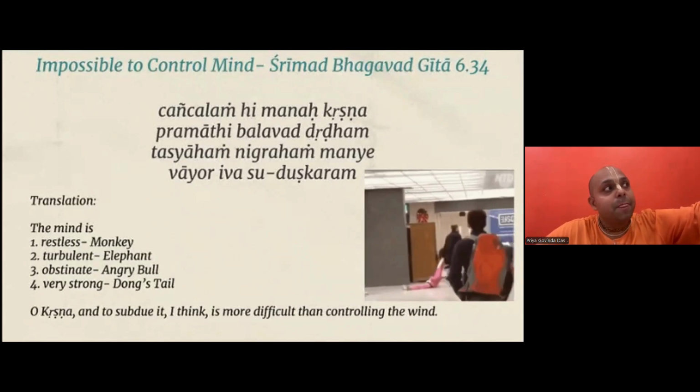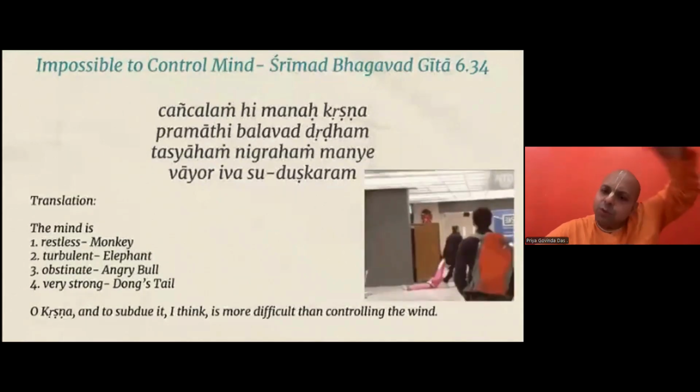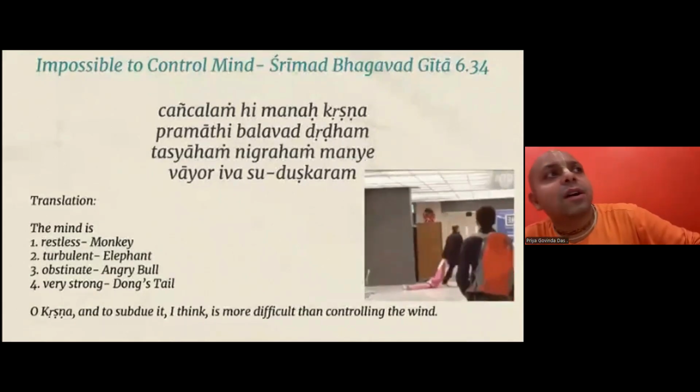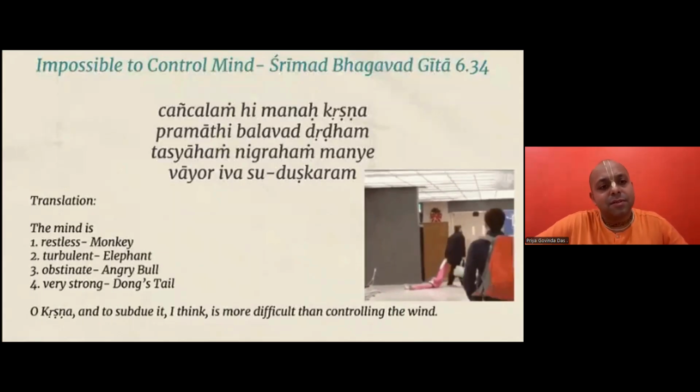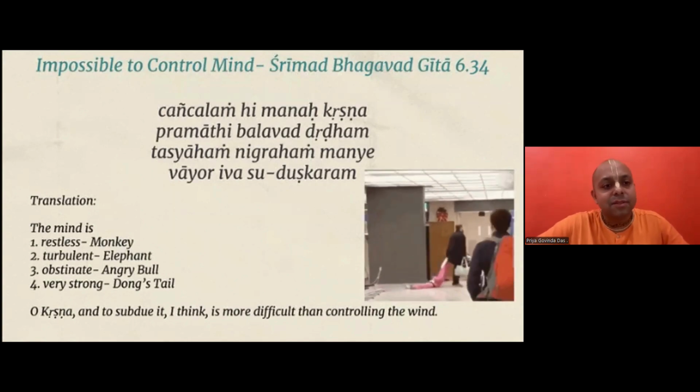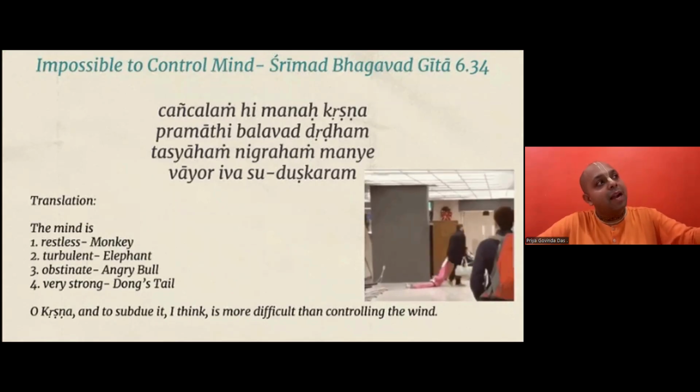Just like we see that an elephant uproots the tree. So strong. And turbulent also means it always keeps on creating some disturbance. A mad elephant always creates disturbance. Similarly, the mind's function is to create disturbance in us.